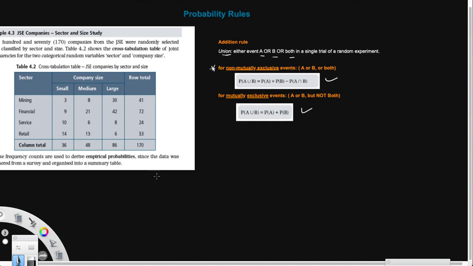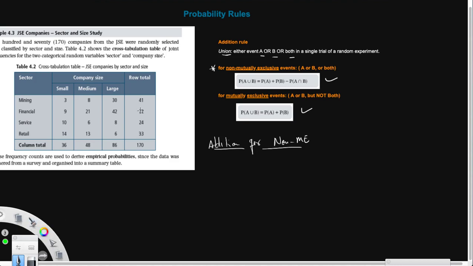So I'll first go for the addition rule for non-mutually exclusive events. One example will be, I'll just circle what I'm looking for on this table again.